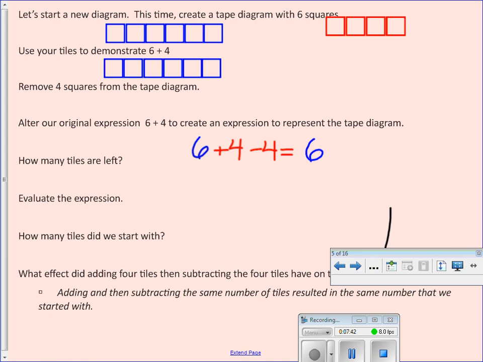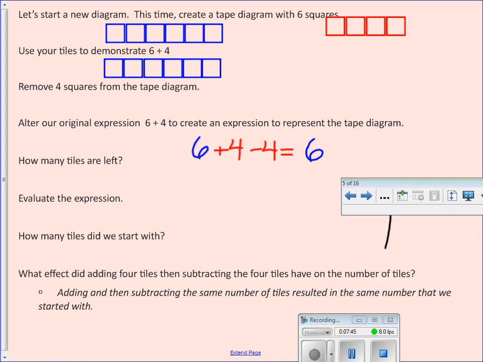6. So by adding, boys and girls, and then subtracting the same number of tiles resulted in the same number that we started with. Right? Who thinks they know what that's called?